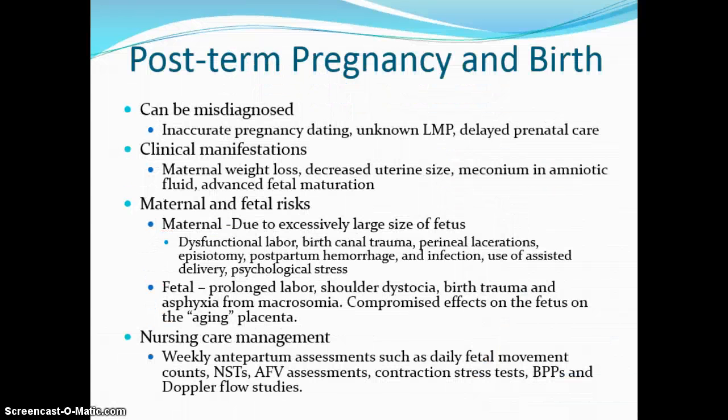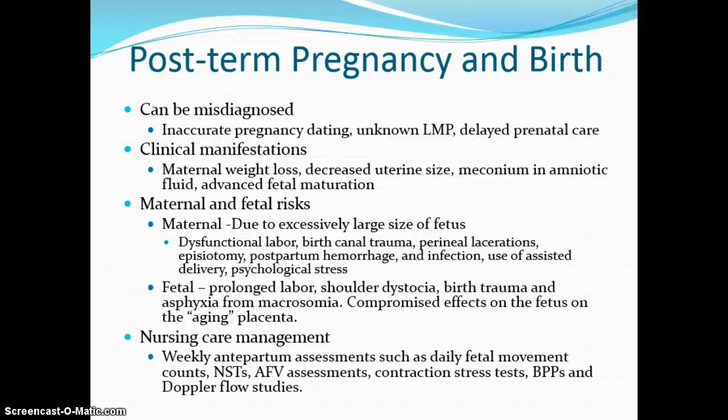And then lastly, post-term pregnancy and birth. With post-term pregnancy, sometimes it can be misdiagnosed because we're unsure of the female's last menstrual period. If she has delayed prenatal care and she's unsure of her dates, so clinical manifestations. Remember, when you think about that last trimester, there's oftentimes a slight weight loss.